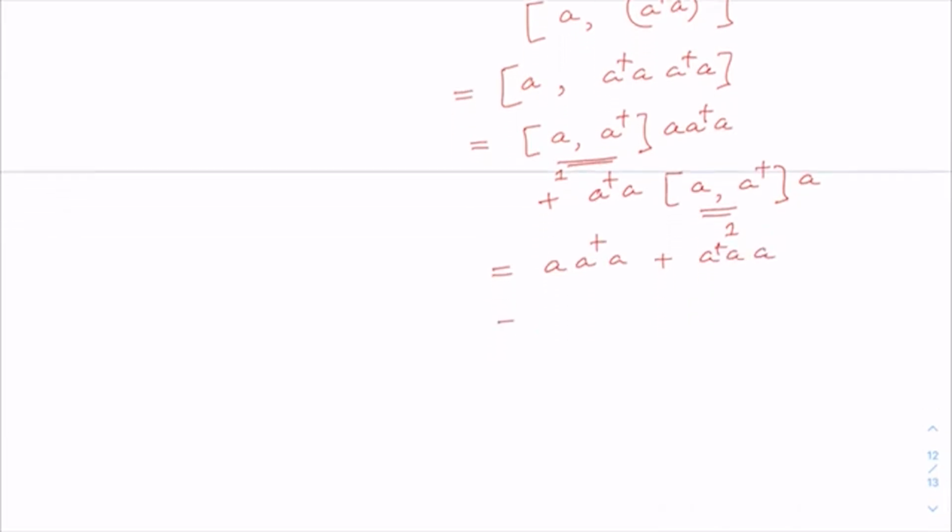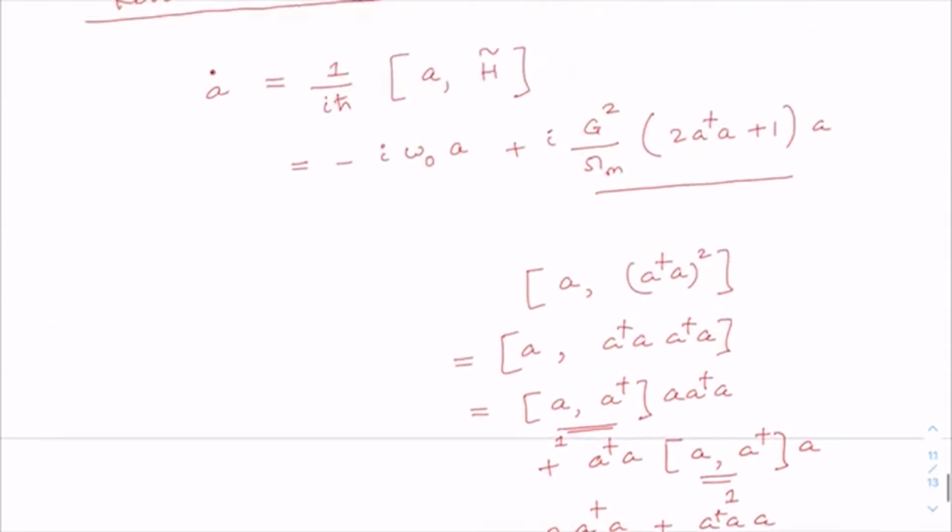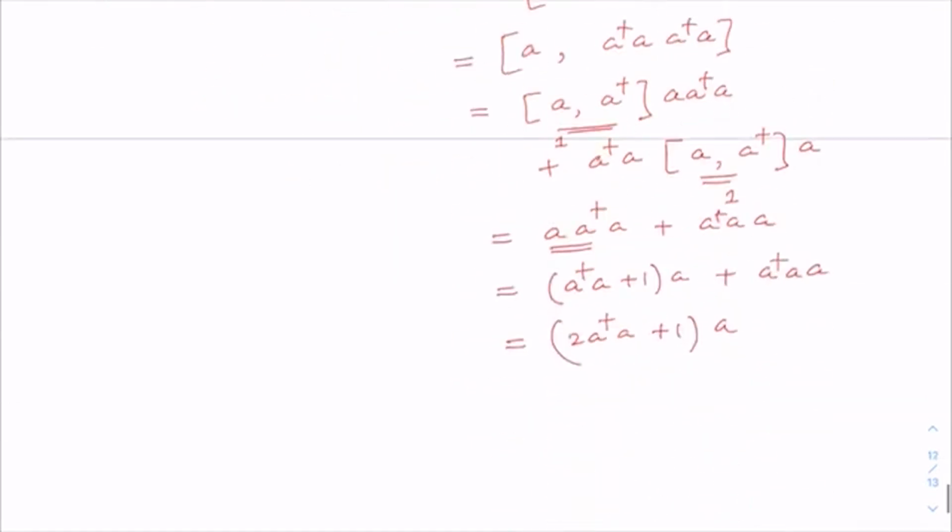Now another thing I can do, I can write a a dagger as a dagger a plus 1 into a plus a dagger a. From here you see that I will get 2 a dagger a plus 1 into a. That's how I obtain this particular expression.